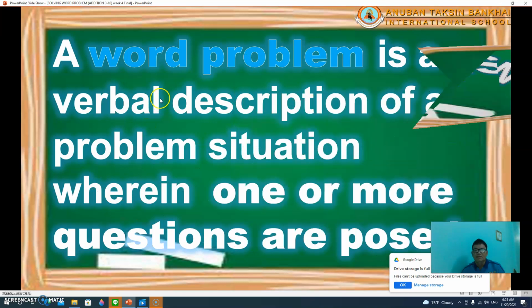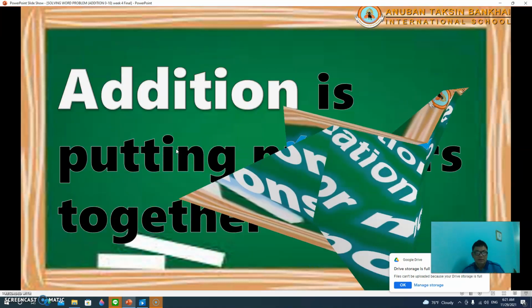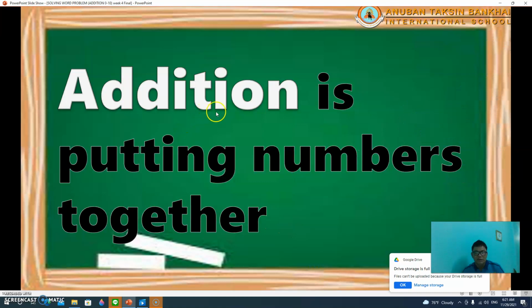Again, what is a word problem? A word problem is a verbal description of a problem situation wherein one or more questions are posed. Later we're going to solve the problem using addition.